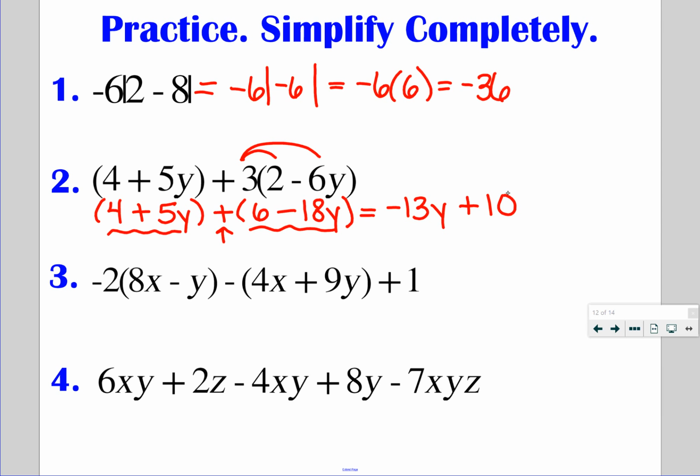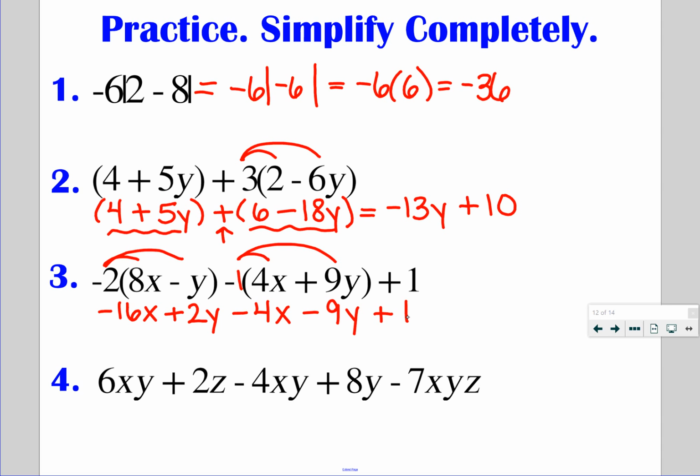In the next problem, you have two things to be distributed. Negative 2 is distributed through the first parentheses, and negative 1 is distributed through the second parentheses. You should have gotten a negative 16x, a positive 2y, a negative 4x, a negative 9y, or if you have plus negative 9y, that would work as well here, plus 1.